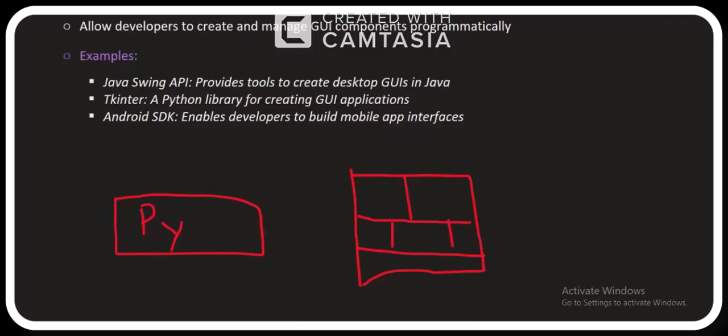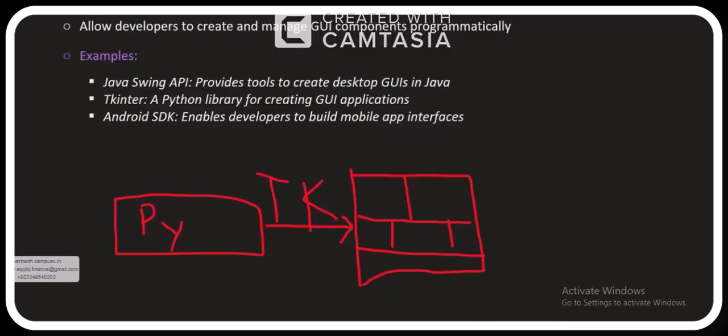But how can you build a GUI application? So guys, again, the answer is Tkinter. I'll just write TK, because this was just an example. So Tkinter is that bridge which connects Python to make GUI applications, right?